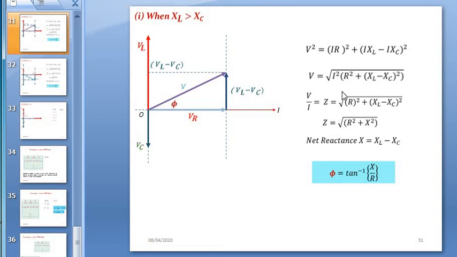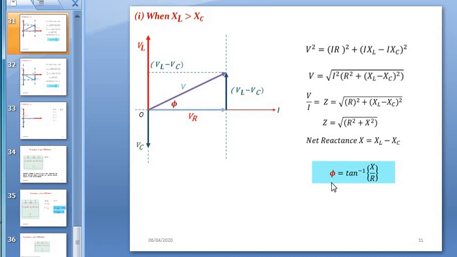Say XL minus XC is equal to X. Therefore, Z is equal to the square root of R square plus X square, where X is the net reactance, XL minus XC.